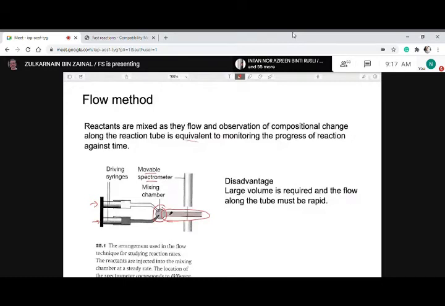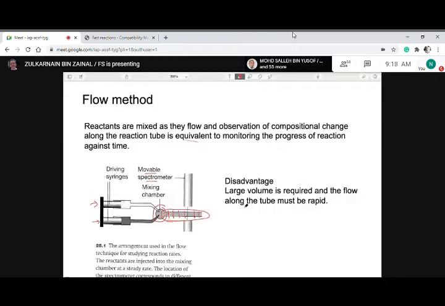So at every stage of the reaction we can see the process. That means the movement of the spectrometer has to be very fast in order for us to check the process at different stages.